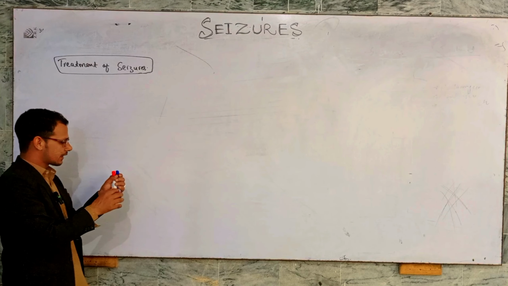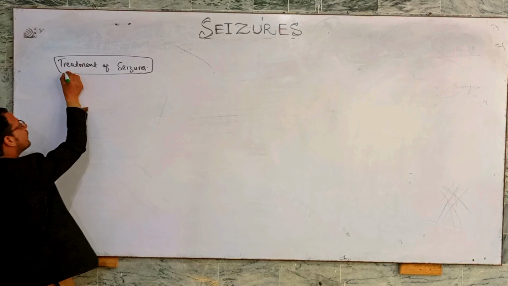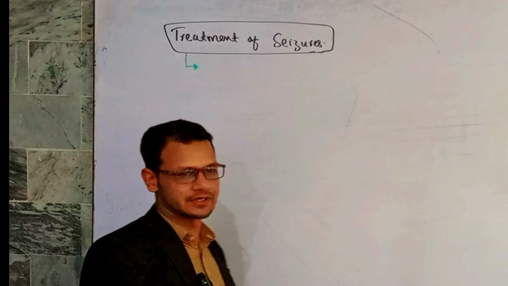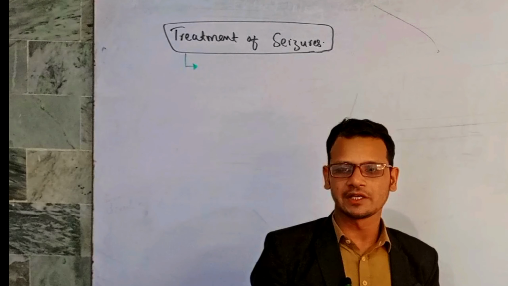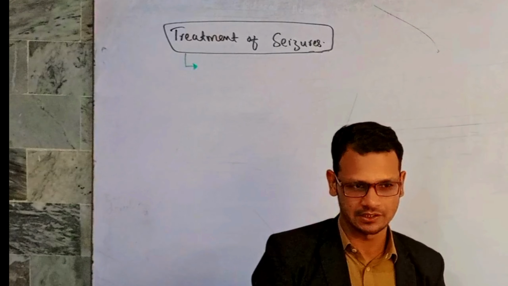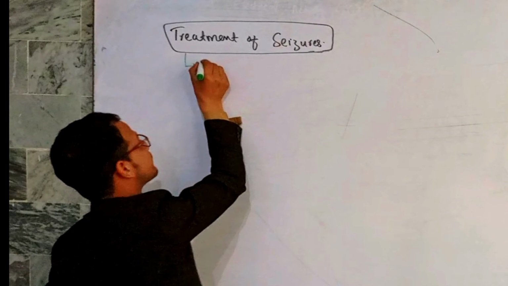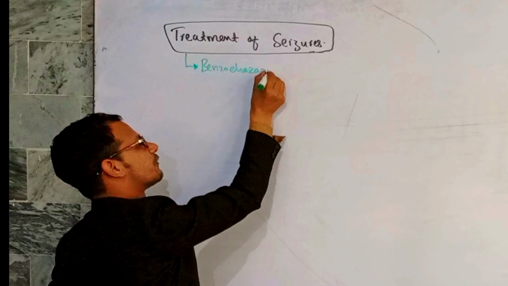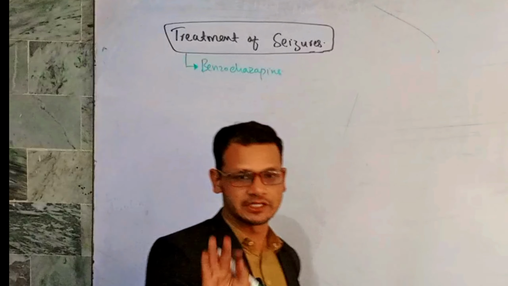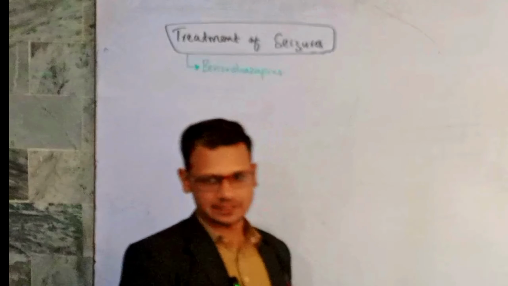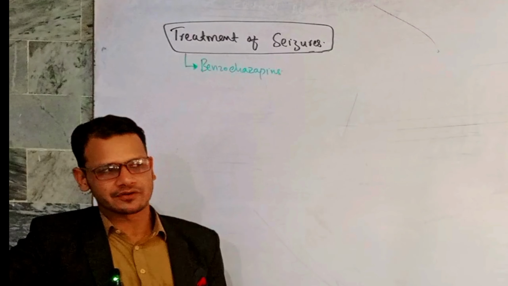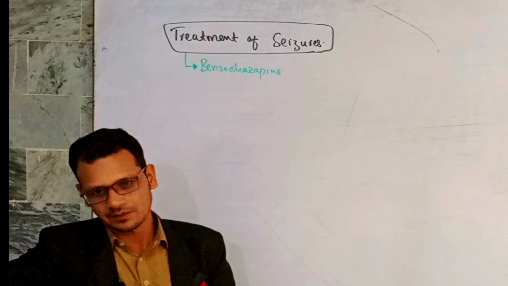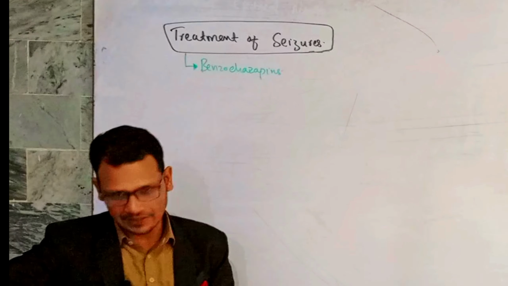For example, first, when we are starting the treatment of this, we will give the benzodiazepines. After confirming these 3 points, right, we will start. The main drug which is given to this seizure patient is diazepam, right?